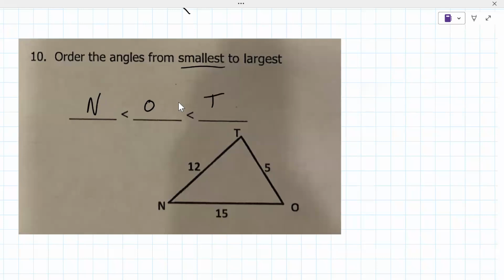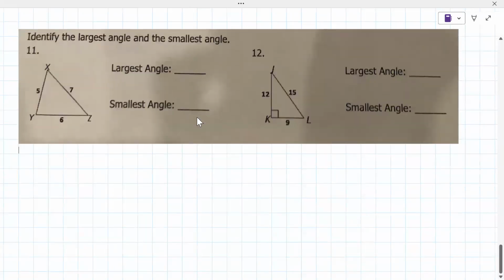Very good. All right, so I want you to do 11 and 12 on your own here. I have to step away for like 30 seconds, and I'll be right back with you.